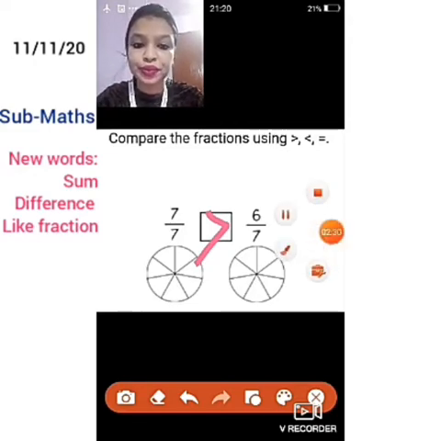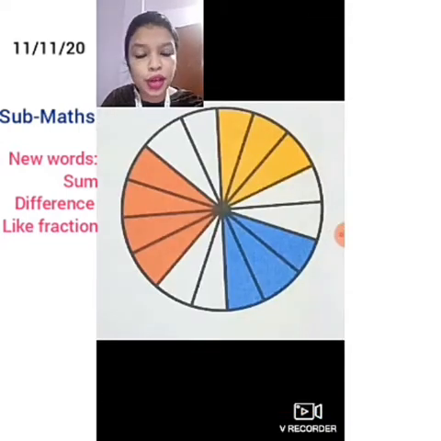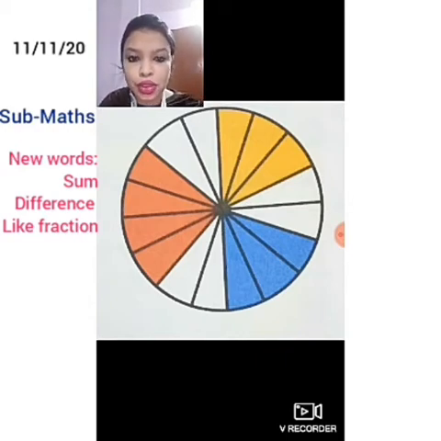Okay children, here I have taken a circle. The circle is divided into 16 equal parts and colored with orange, yellow and blue. Now I have to find out which parts are shaded and which are unshaded.